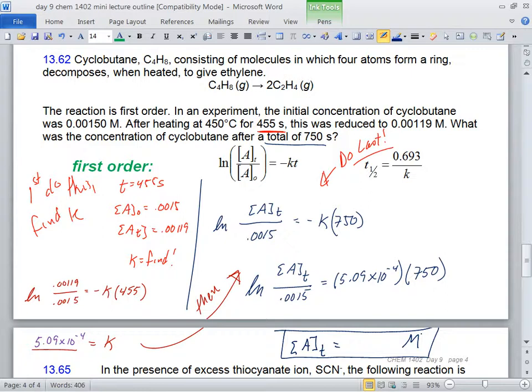What did you get? 1.024 times 10 to the negative... Yep. What did you say you got? I don't know. I screwed up, I think. Oh, it's negative. I forgot my negative, stupid negative sign. Right? That'll really help.